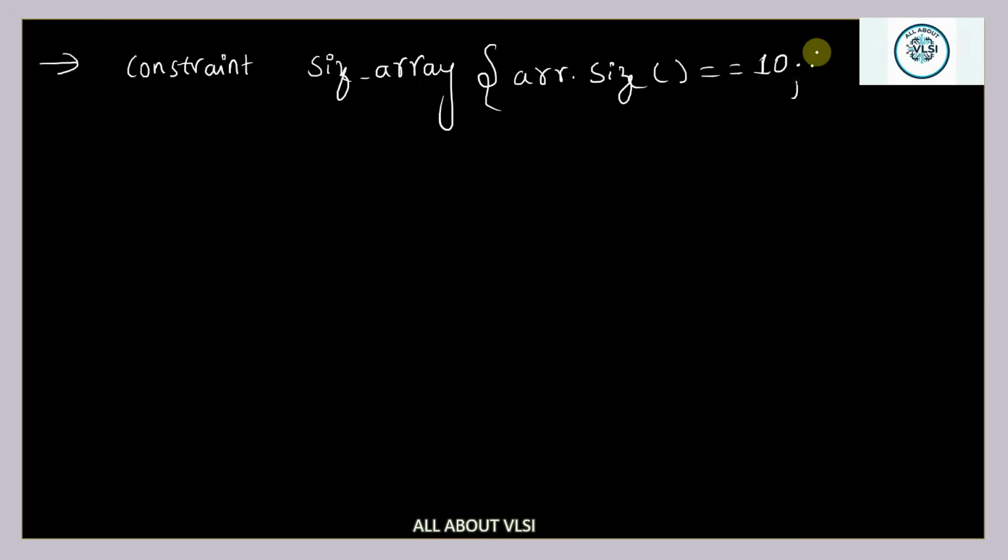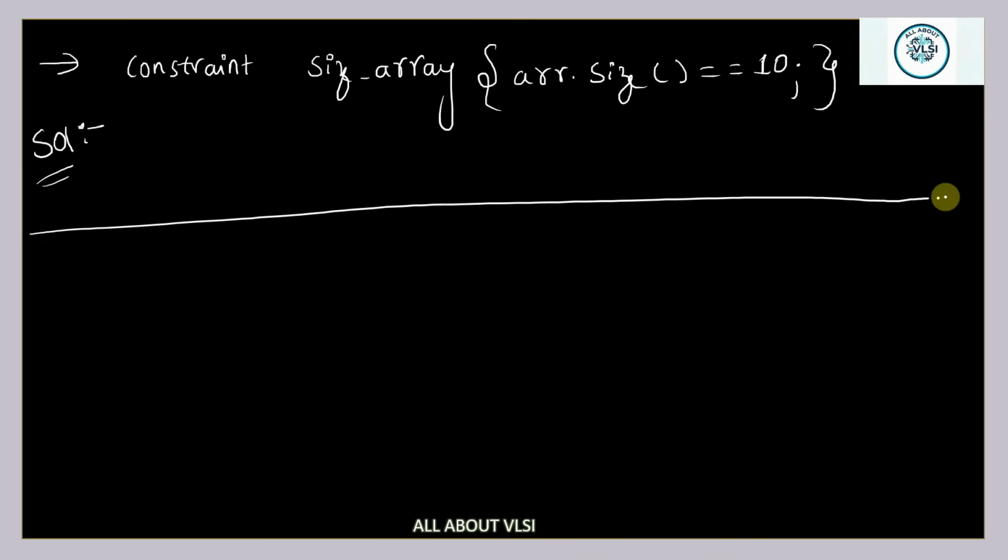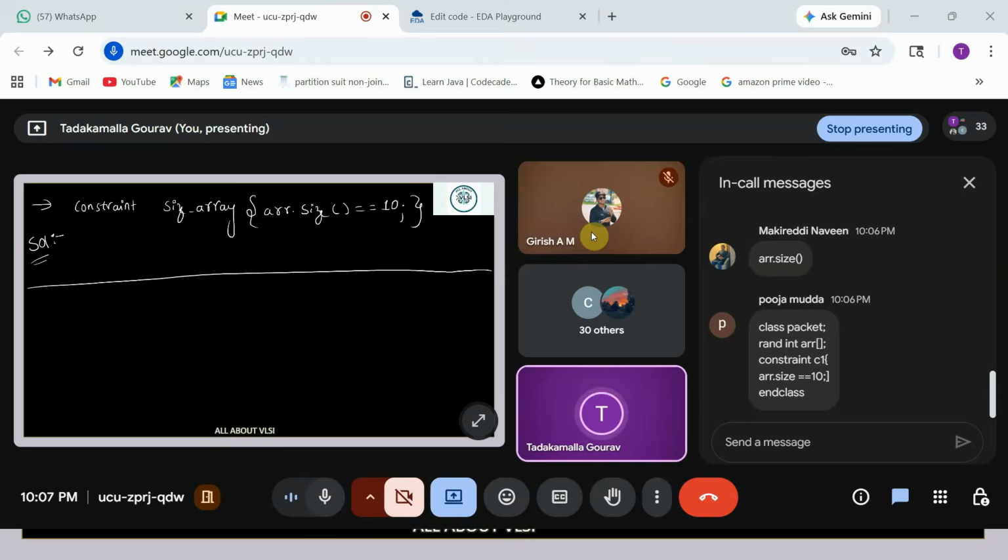And here we are not going to use single equal to, we need to use double equal to. Here the constraint is going to check whether this condition is being satisfied or not. That's why we use double equal to, not single equal to. That's it. This is how we allocate the size of the dynamic array, not using the new operator, but using the constraint.